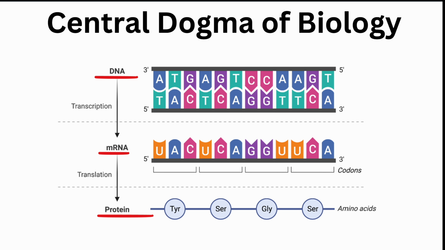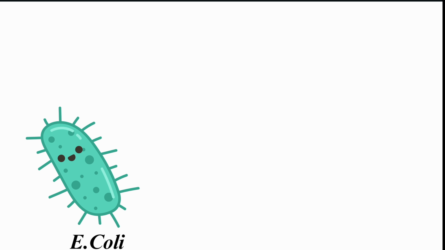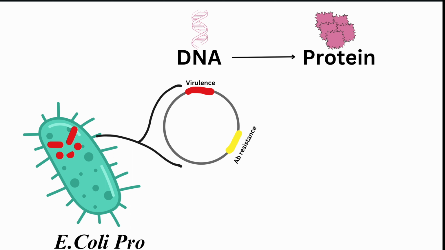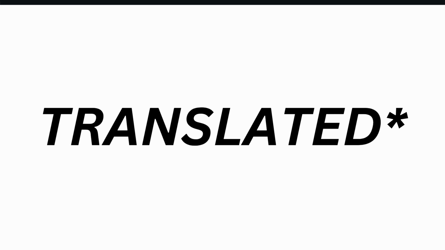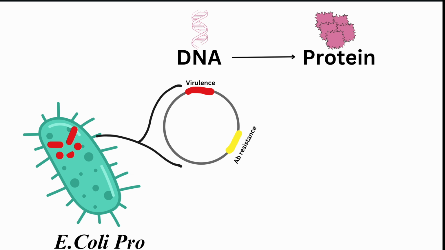And that is the precise mechanism that turns this friendly E. coli into pathogenic E. coli. The virulence gene on the plasmid, which is in DNA form, is being transformed into proteins which cause disease.